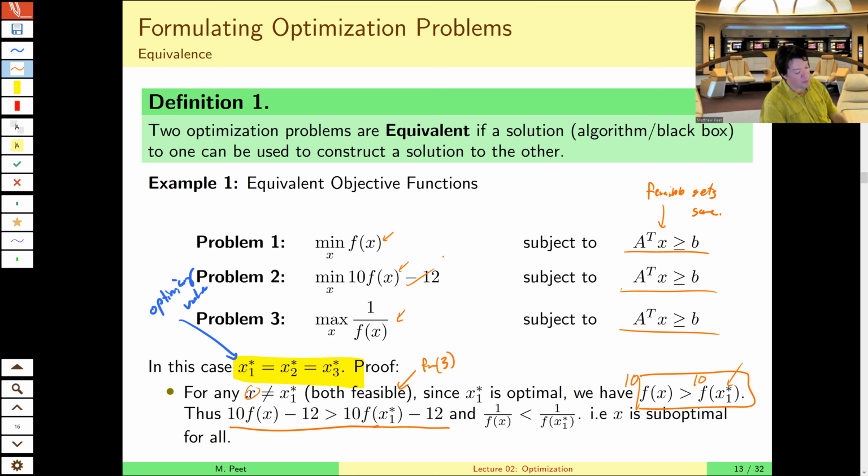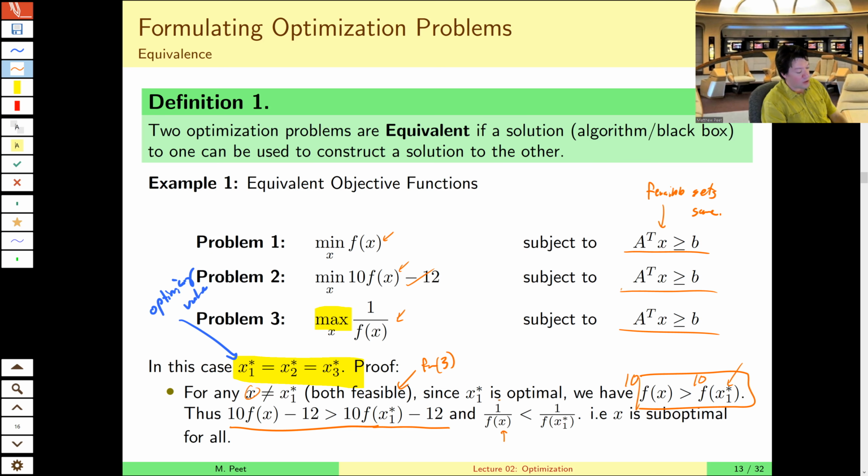Now if we look at problem 3, we can also show it's suboptimal. Here we're trying to maximize, notice, not minimize. But because f of x is greater than f of x star, 1 over f of x is less than 1 over f of x star.